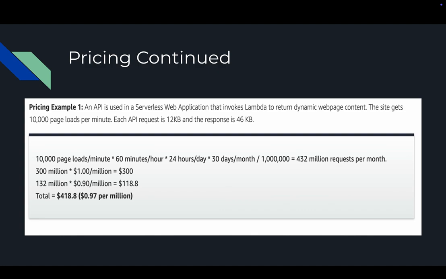You take the first 300 million, multiply by $1 per million requests, and you take the other 132 million at 90 cents per million, which gives you 118. You add that together and you get $418.08, which is again about 97 cents per million requests, which is pretty good.